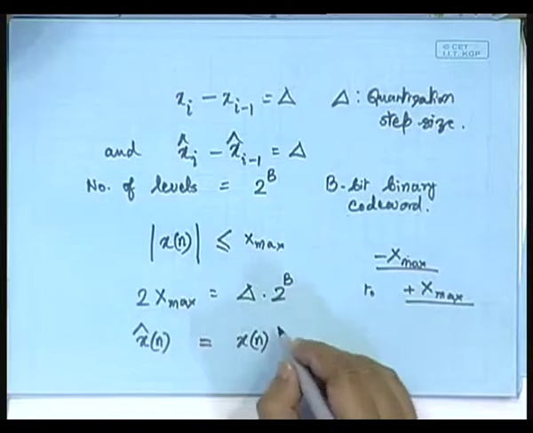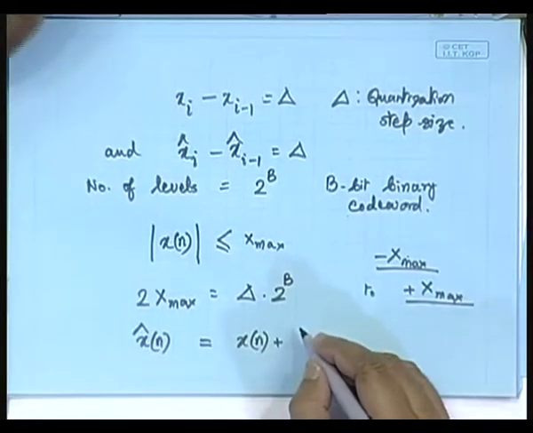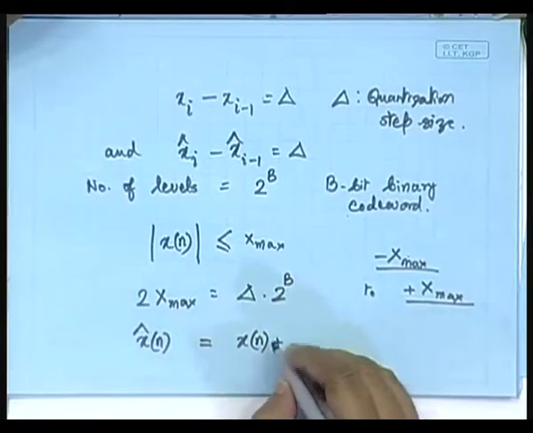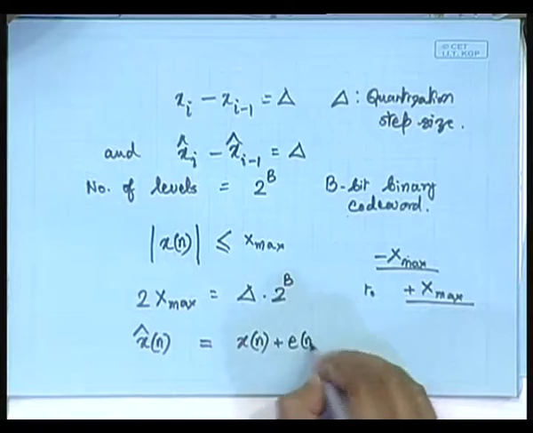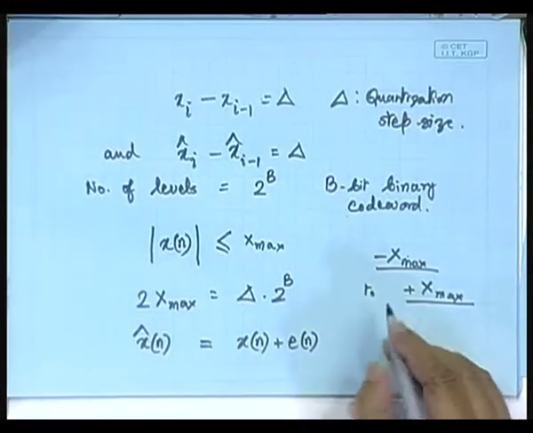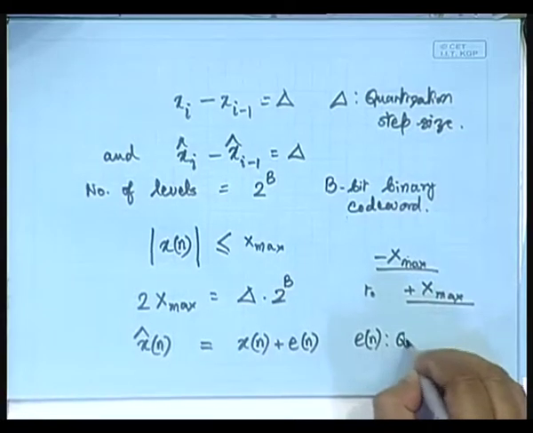So, taking the quantization error also into consideration, we would like to write x cap of n as x of n, that is the original sample, plus a term E n, where E n is the quantization noise.